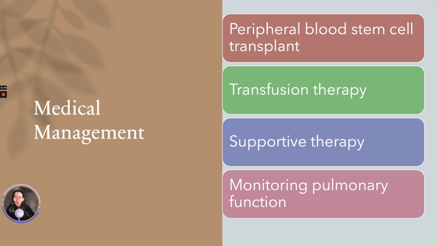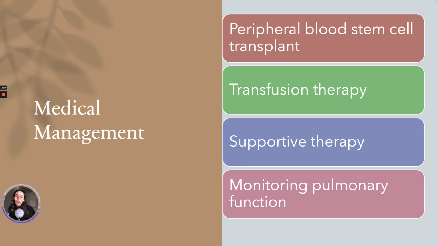There's also transfusion therapy. Long-term red blood cell transfusion therapy may be effective in preventing or managing complications. Supportive therapy such as adequate hydration is important during painful sickling episodes. Aspirin is really useful to diminish mild to moderate pain, and NSAIDs are useful for moderate pain and can be used in combination with opioid analgesics.